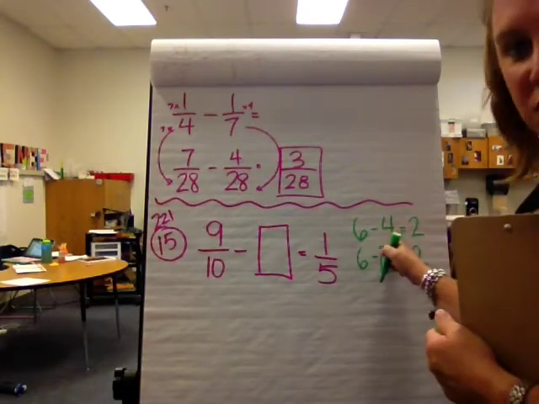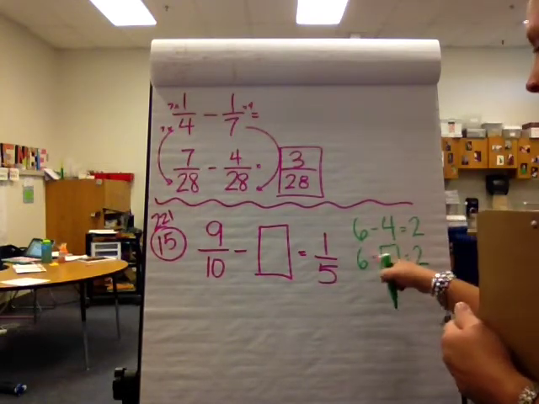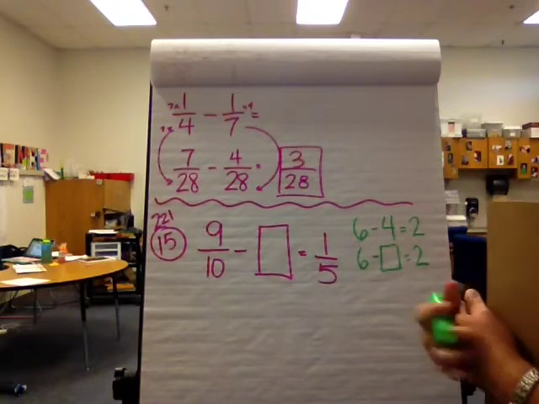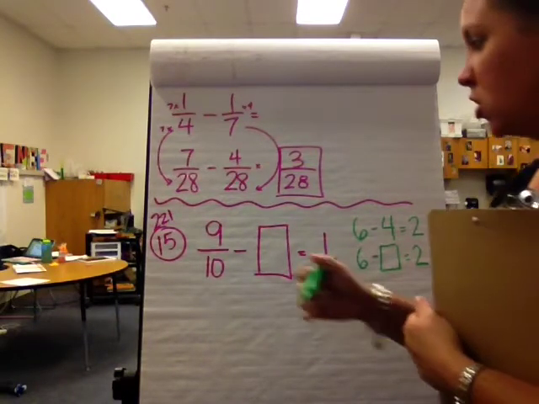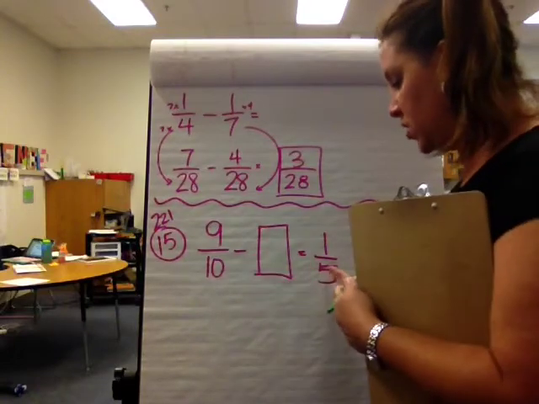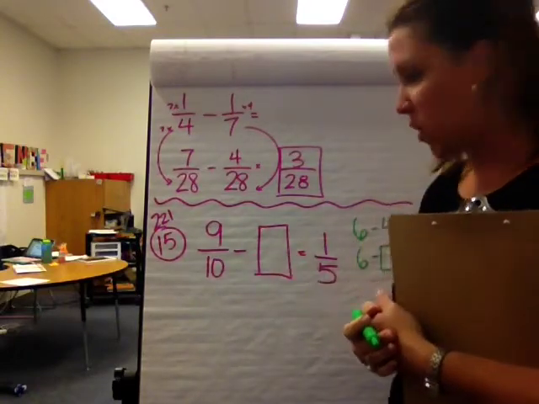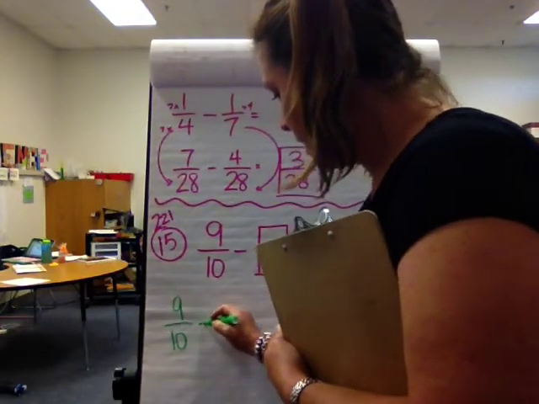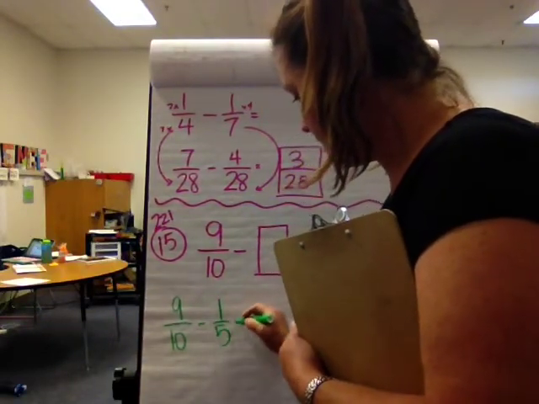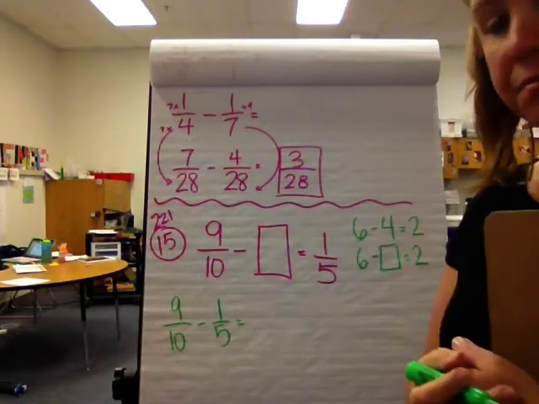We know my answer is 4. We know that goes there. So what would I do with 6 and 2? I would subtract. So what are you going to do with these two numbers to get here? Subtract. So now my problem is 9/10 minus 1/5 is something.